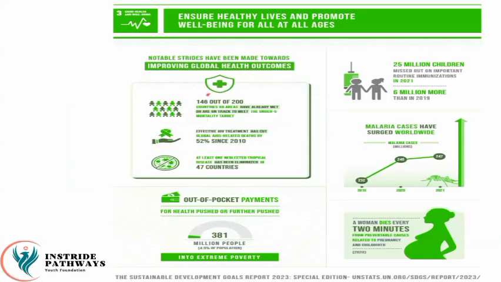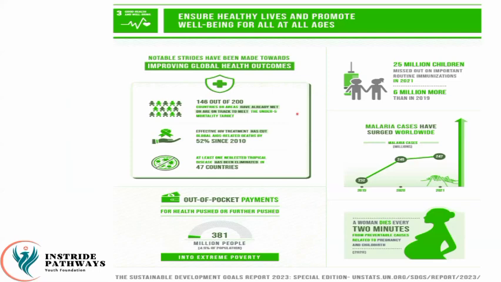Okay, so coming from here, we can see that 146 out of 200 countries have already been able to meet one of the targets, which is target 3.1, that we reduce maternal mortality. According to statistics, about 146 countries out of 200 have actually been able to meet this track.